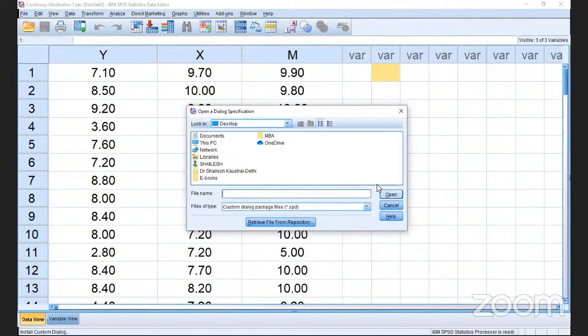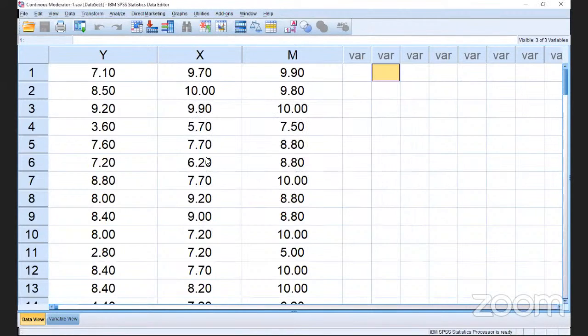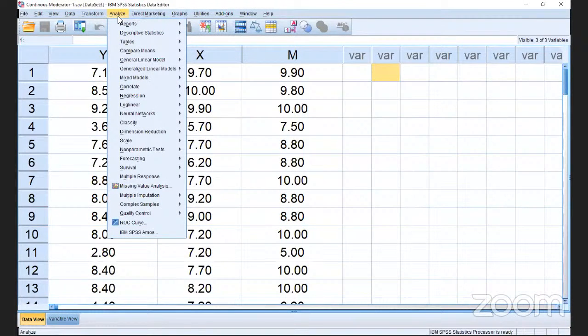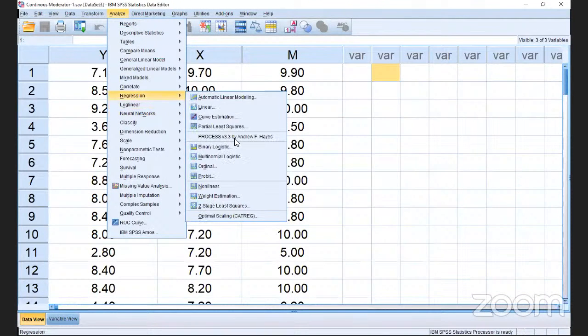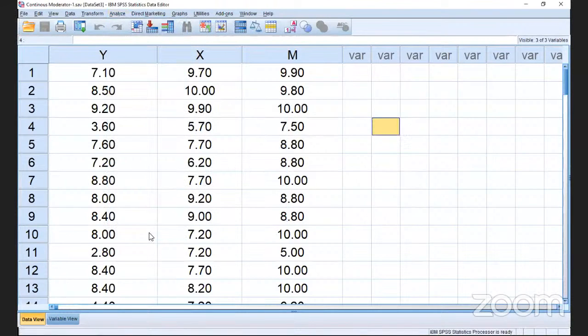You just open it, and after opening you will get the process macro. After installing, you can see analyze, regression, and here you can see the process 3.3. Now I am using another case study.